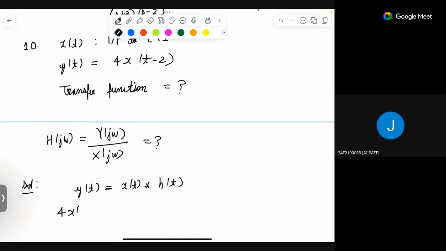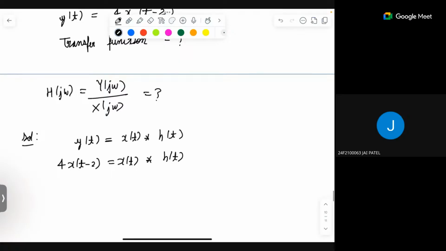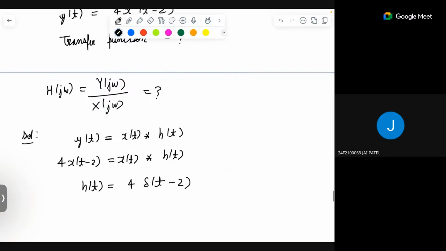So we have 4 times x of t minus 2 is equal to x of t convolved with h of t. If we get back the same function with some shifting and scaling, that means h of t has to be a delta function, because convolution with delta function only gives me back the same signal. So by comparing this, I can say h of t is 4 times delta of t minus 2. Is this clear?